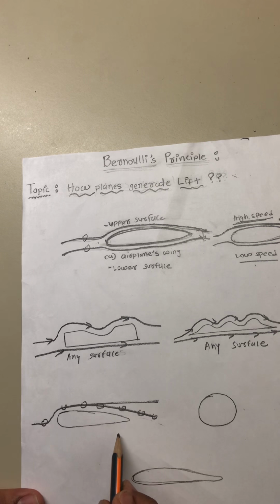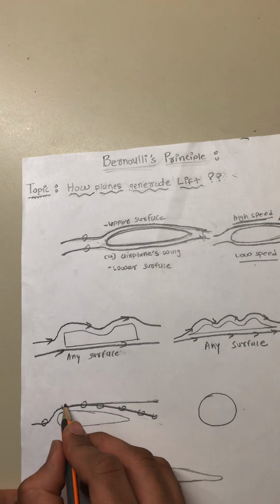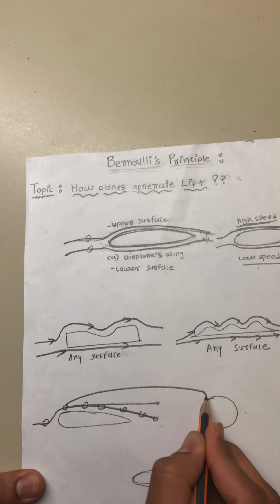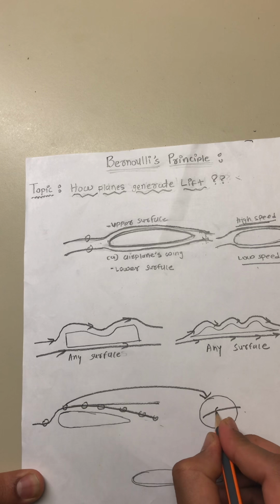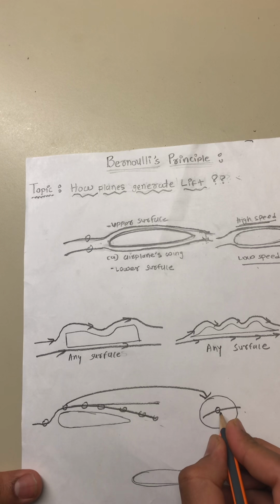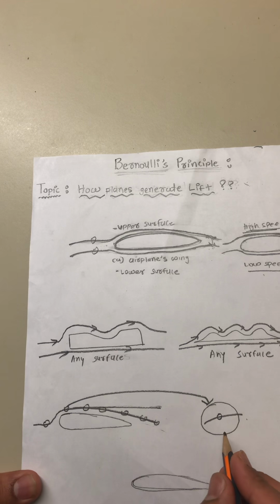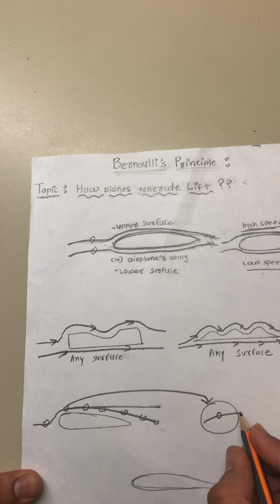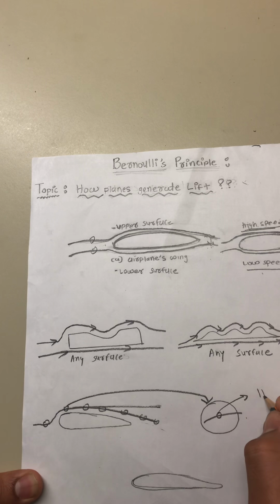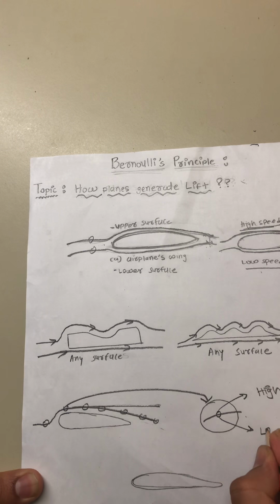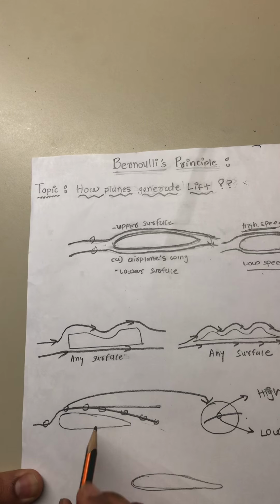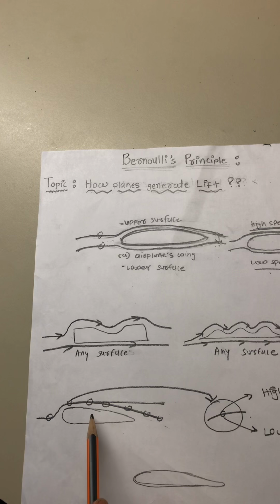Let's examine the curves closely, the particles in this diagram. So here, let's say this is our airflow, this is our particle. The curve should feel high pressure at the top and low pressure here at the bottom.